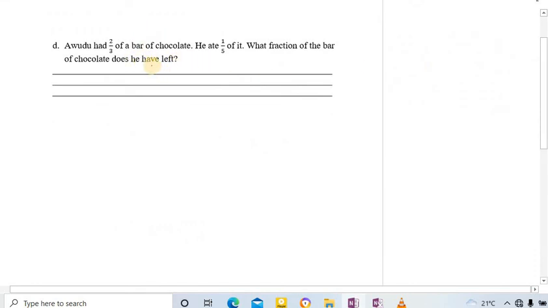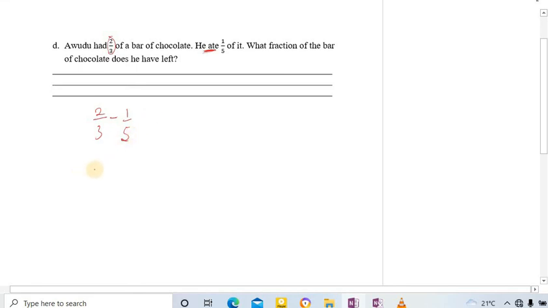Awudu had 2 over 3 of a bar of chocolate. He ate 1 over 5 of it. What fraction of the bar of chocolate is left? So this is the original to what he had initially, and then he ate means it is reducing, subtract. So that would mean 2 over 3 minus 1 all over 5.